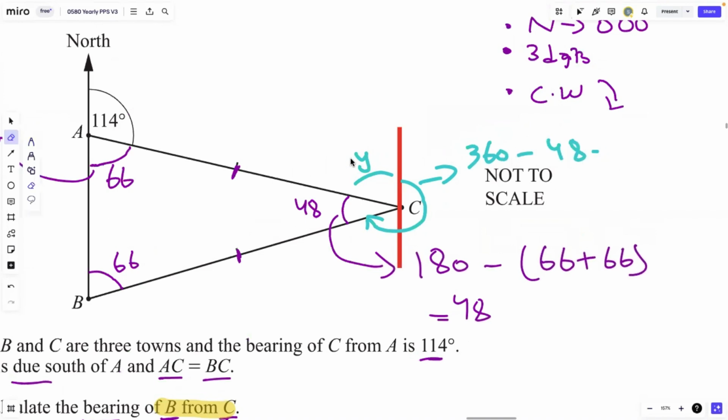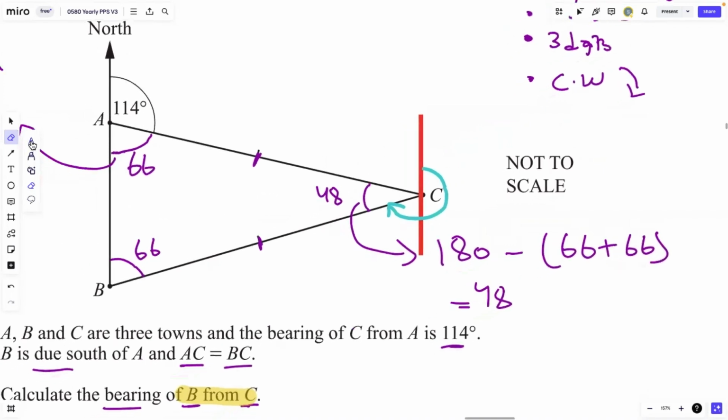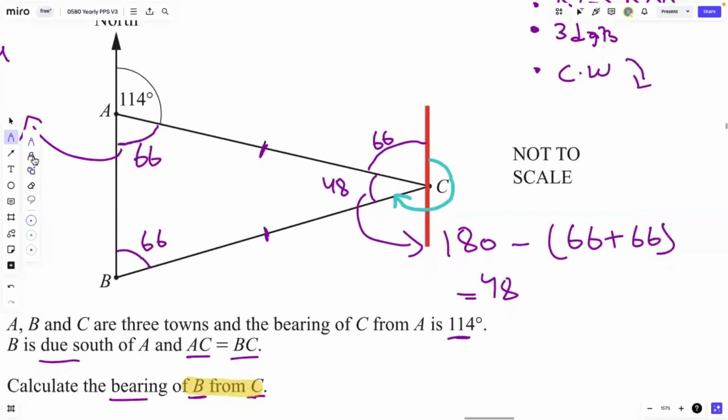For this, we'll need to have a look at the angles. So this should actually be 66. And the reason for that is we actually have alternate angles here between parallel lines.